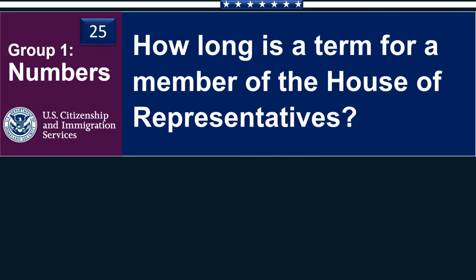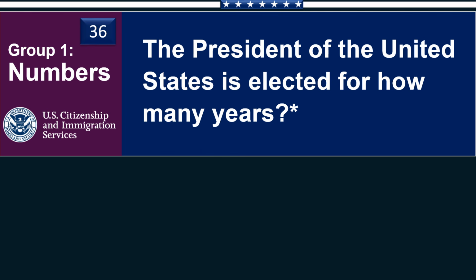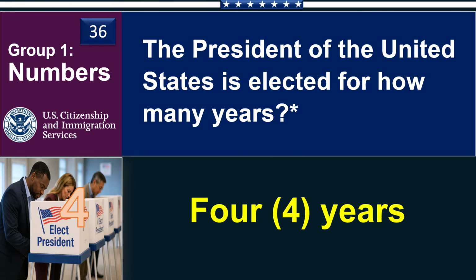How long is a term for a member of the House of Representatives? 2 years. The President of the United States is elected for how many years? 4 years.